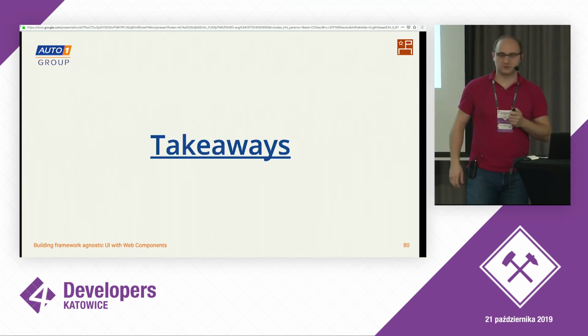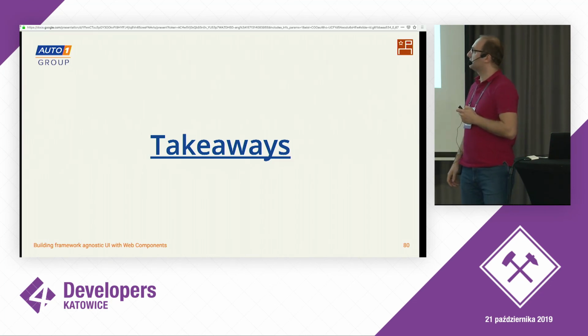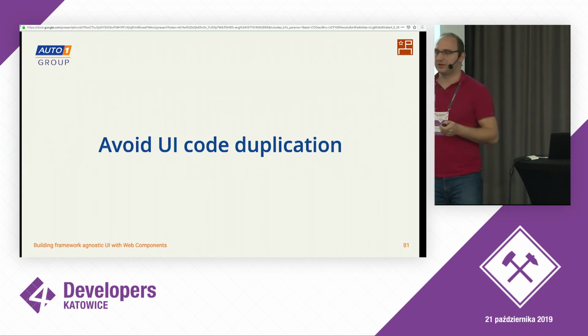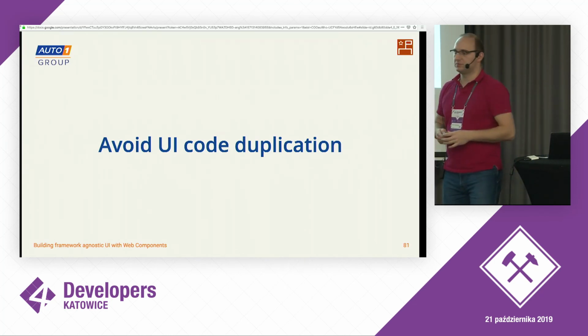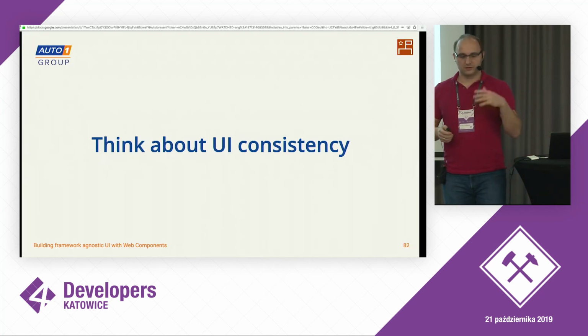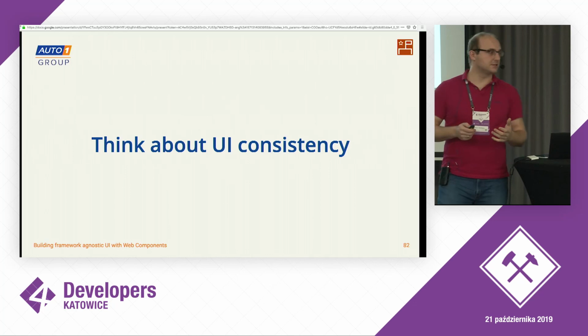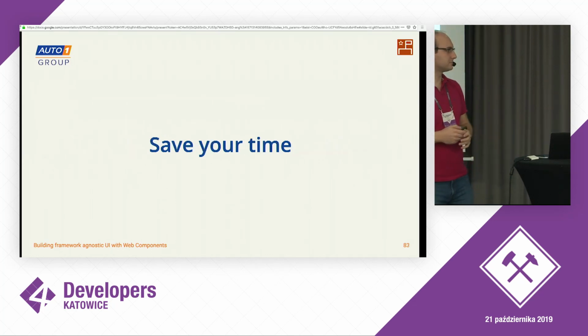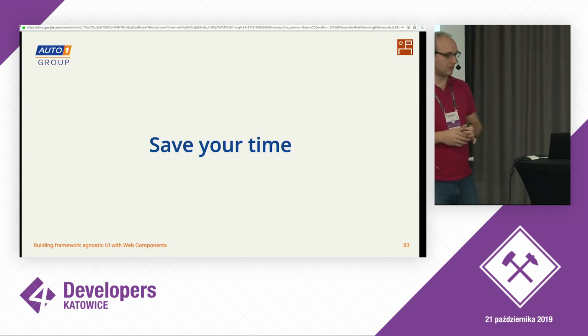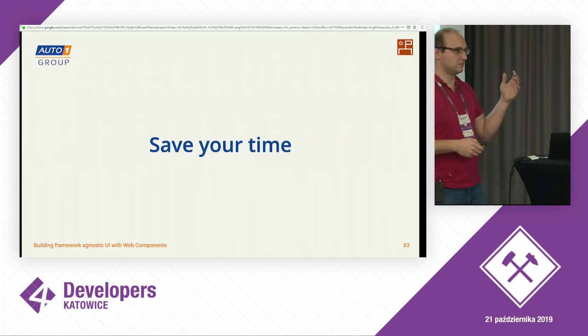So the takeaways of web components: you avoid UI code duplication, because you build once and use it everywhere. You can start thinking about UI consistency, which is very important. You can save your time, because you don't have to spend time on developing features. You don't reinvent the wheel.